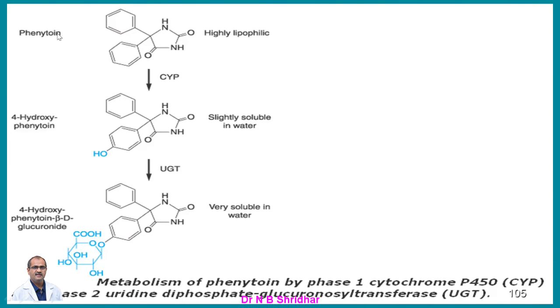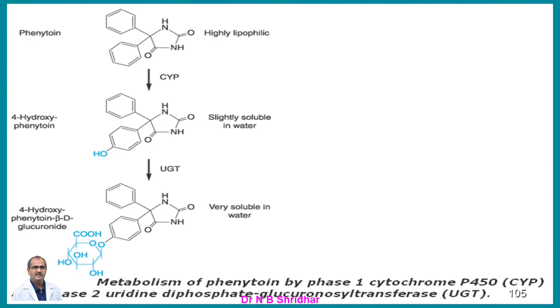Phenytoin is an anticonvulsant or anti-epileptic drug, and it is highly lipophilic in nature. Most drugs like phenytoin are lipophilic because they have to pass the blood-brain barrier. You know what a blood-brain barrier is? It's a thick capillary endothelium surrounded by neuronal astrocytes, and it will not allow drugs to pass through the endothelial cells because they have very tight junctions.